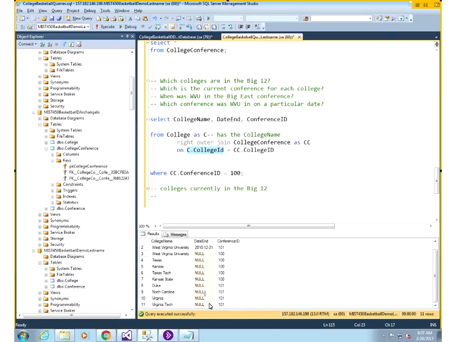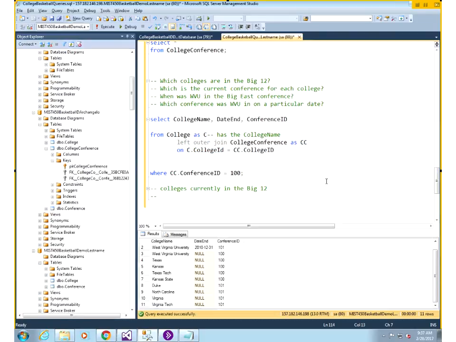So will you have a college name being null with just the conference ID? The answer is no, because anything that's here will connect here with the college.